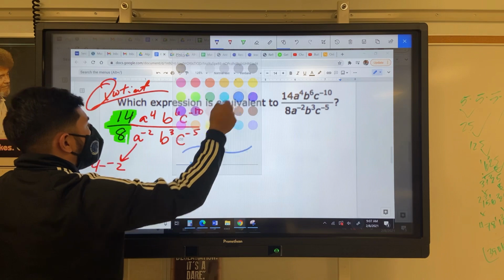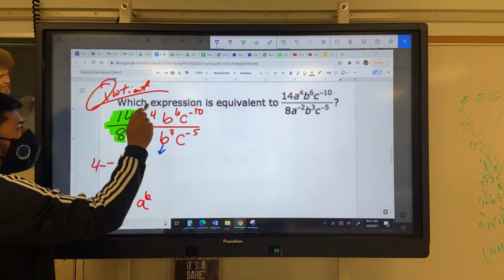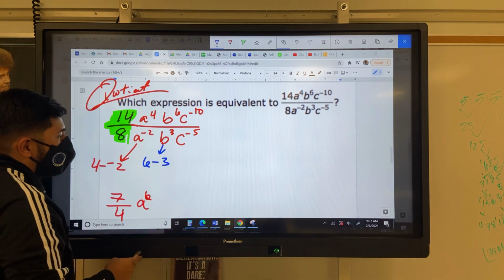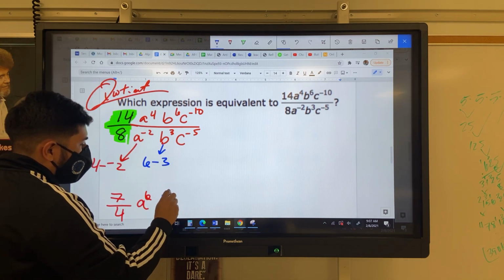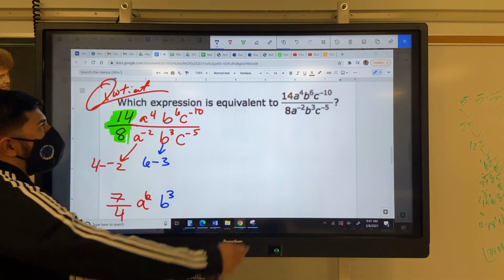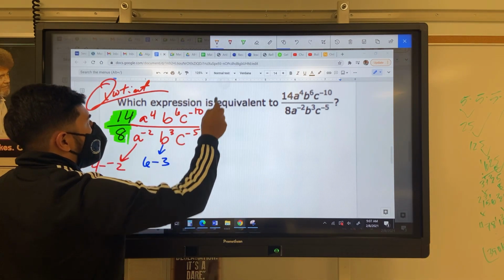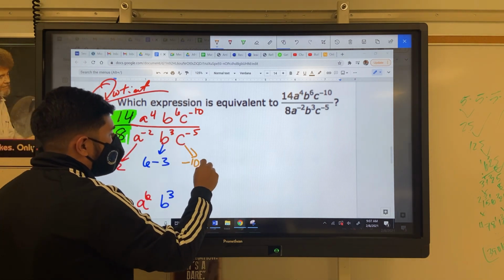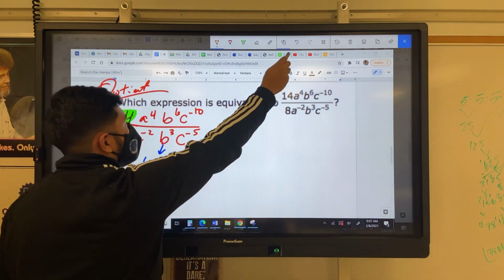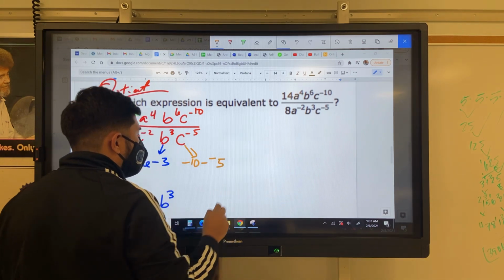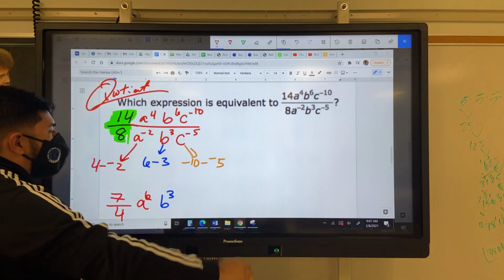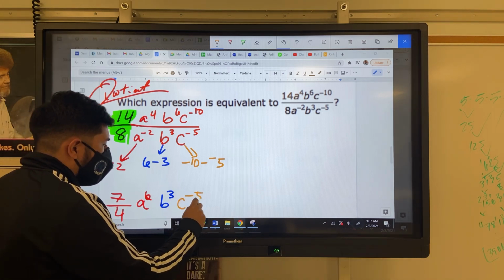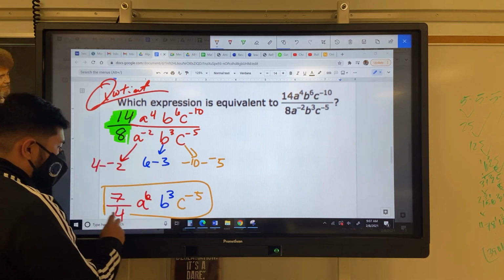Next part, different color. Top minus bottom, 6 minus 3. 6 minus 3 gives me a 3. And the last one, top minus bottom, -10 minus -5. Calculator, -10 minus -5 gives me -5. This will be my answer, but we need to fix it.